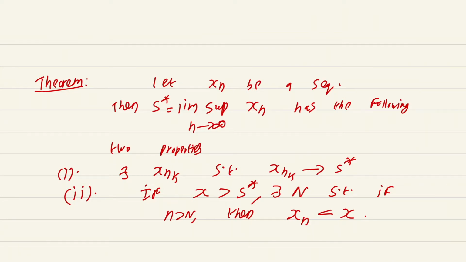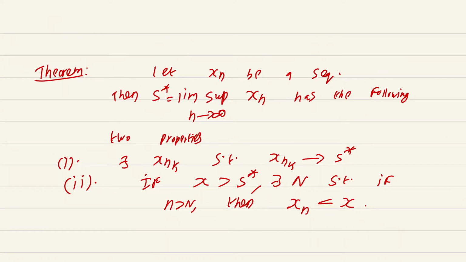So in some sense, the limsup is not an upper bound for the sequence, it is an essential upper bound. After a particular point, you cannot become greater than any number greater than the limsup. That's a mouthful, but it is a very, very intuitive property. The sequence will not be too far greater than limsup provided you go far enough in the sequence.